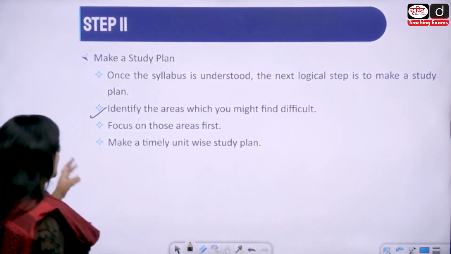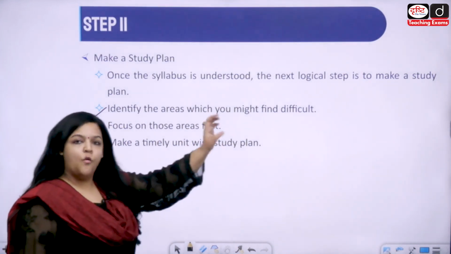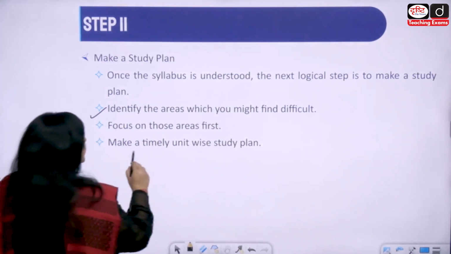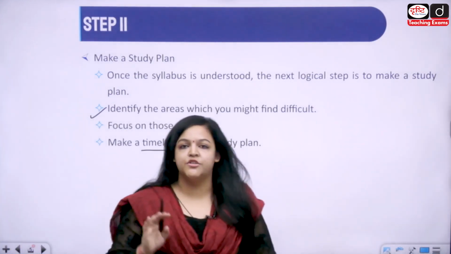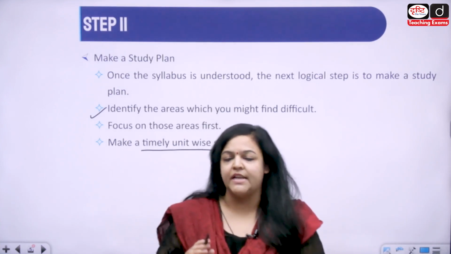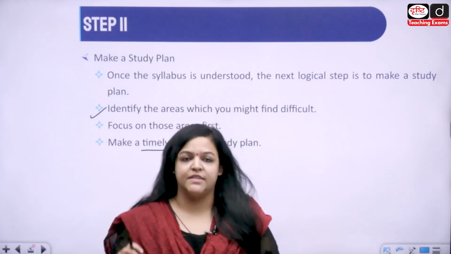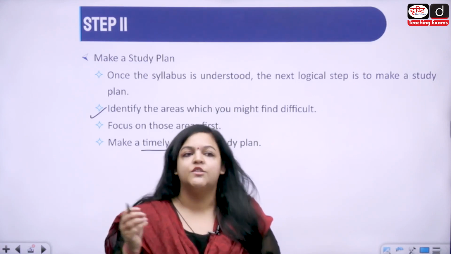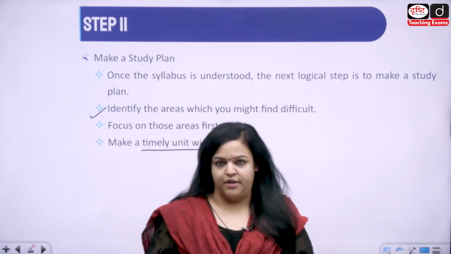Okay. Now, after this, once you have identified whatever topics you find difficult, you have to make a timely unit-wise study plan. What do you mean by this? So basically, each unit you have to divide. So per se, like for example, unit 1, 2 and 3 I find difficult. So it might take me 2 to 3 weeks to finish this unit, right?